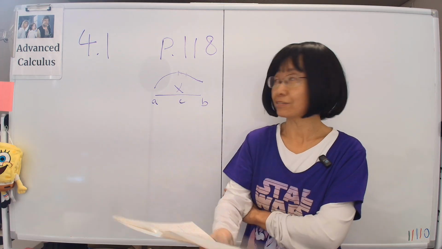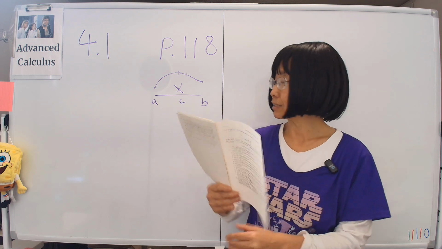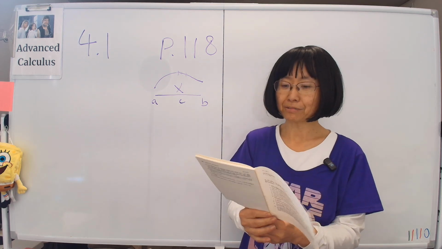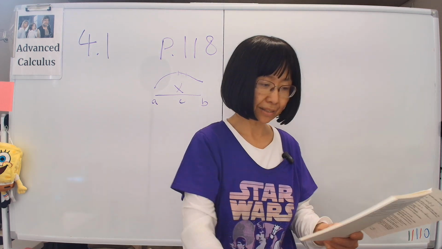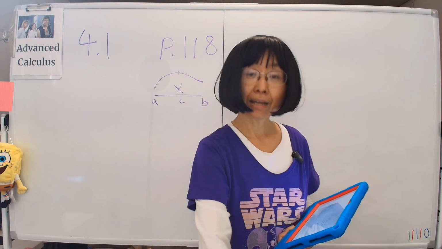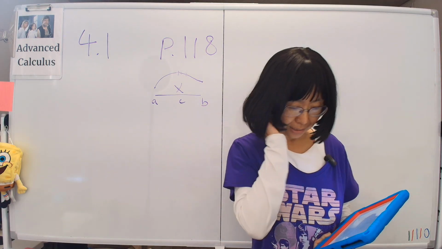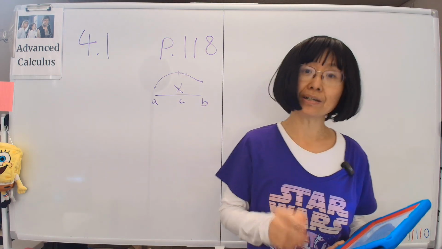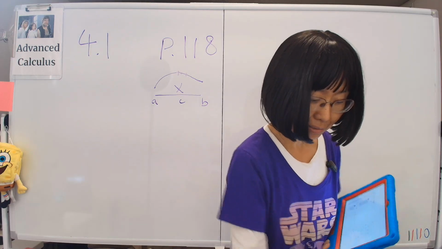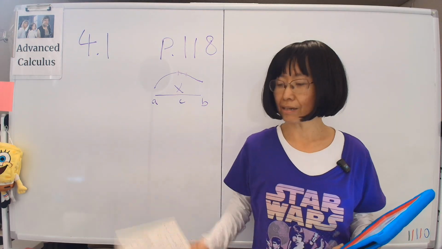Now, let's move on to example A, which is an application of this theorem A that we just did. Using theorem A in example A is rather similar to what we did in calculus 1.